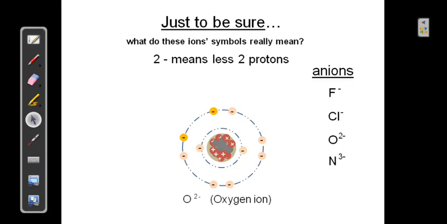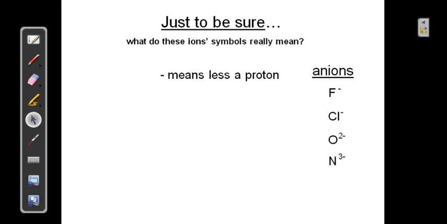I hope you're very clear on this. If 1 negative, like fluorine or chlorine, it means a proton less. 3 negative means 3 protons less, like nitrogen ions. So this is what the symbols all mean, right?